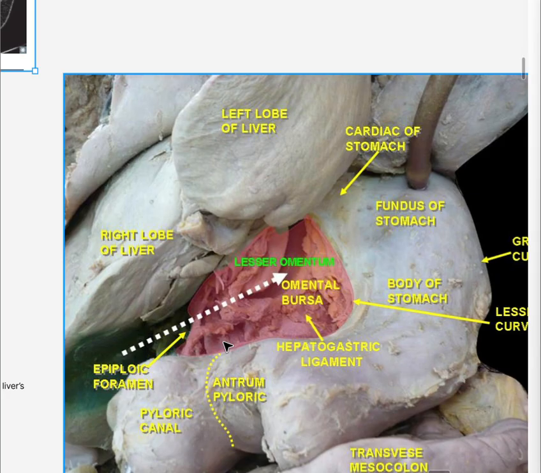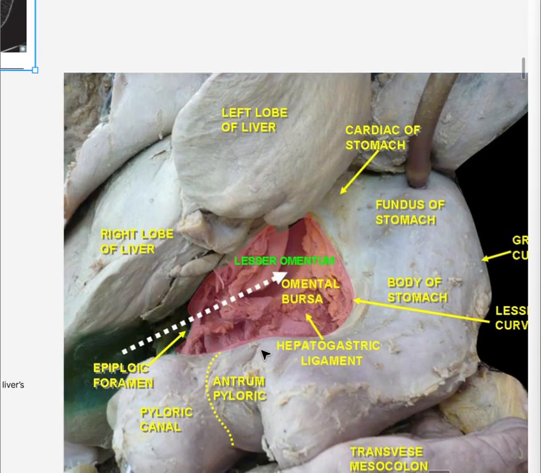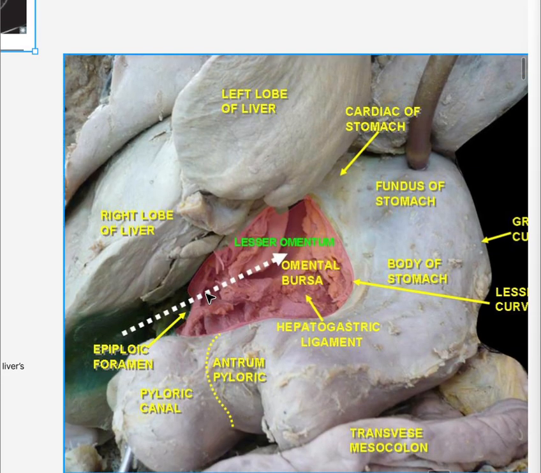The Pringle maneuver is when you compress this hepatoduodenal ligament to stop hepatic inflow bleeding. Why is that? Because the hepatoduodenal ligament contains the portal triad, represented by DAVE: the duct, artery, and vein, the common bile duct, the proper hepatic artery, and the portal vein. So the Pringle maneuver is done to compress this ligament to stop any hepatic inflow bleeding.